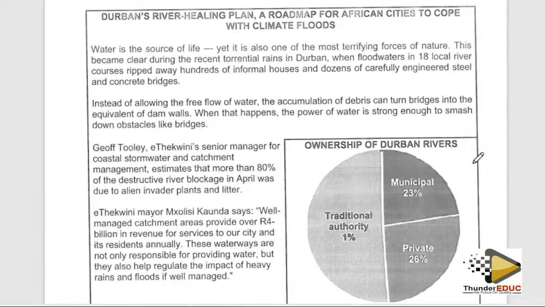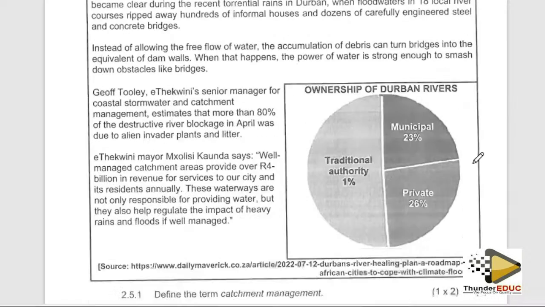Geoff Toll, Senior Manager for Coastal Stormwater and Catchment Management, estimates that more than 80% of the destructive river blockage in April was due to alien invader plants and litter.